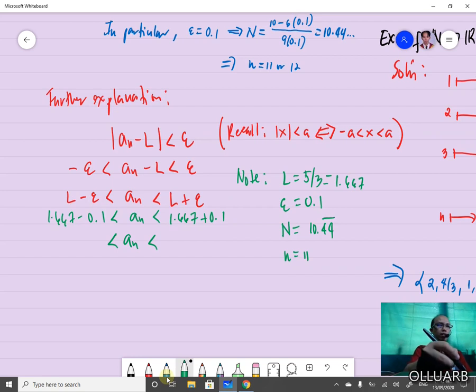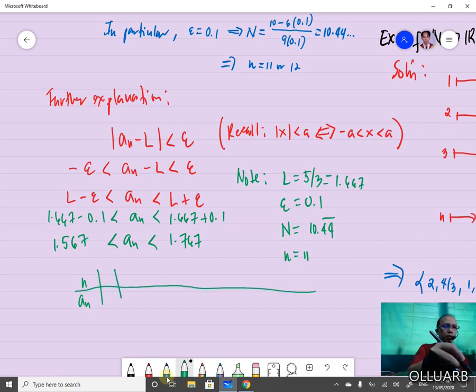On the right side we have 1.767, and on the left side this is 1.567. Okay, so if you try to make a table, this is your n and this is your a sub n.